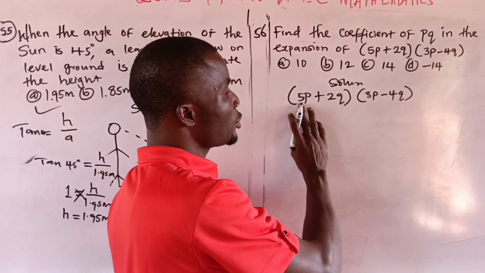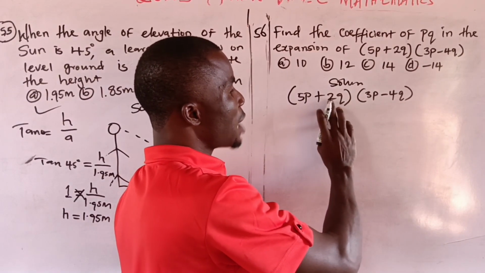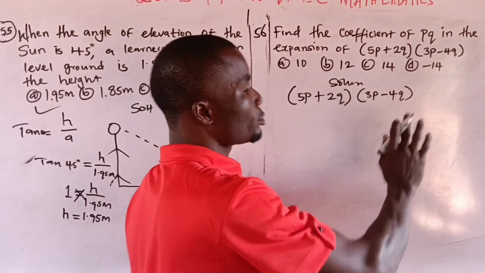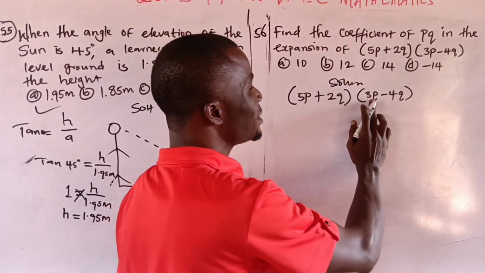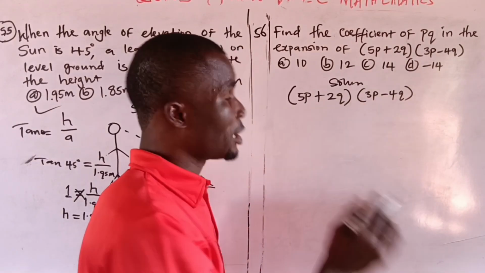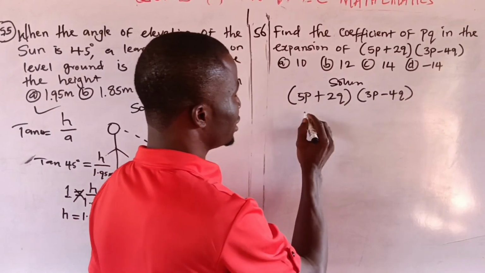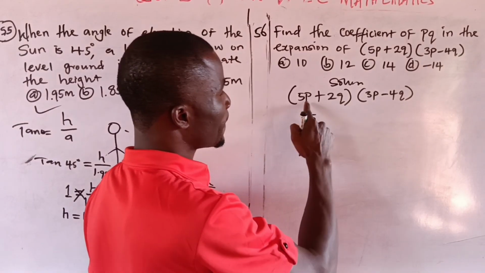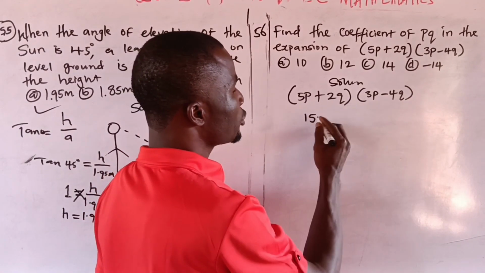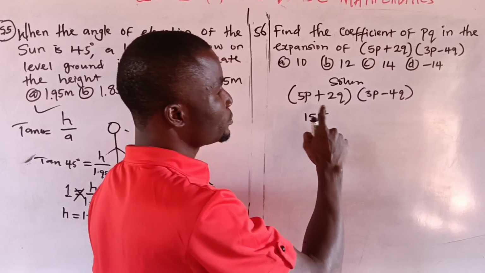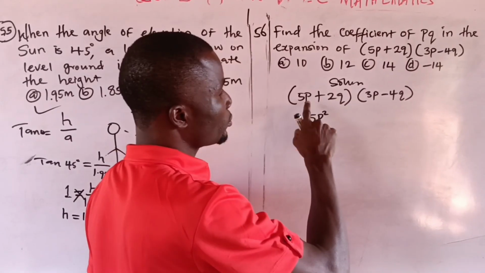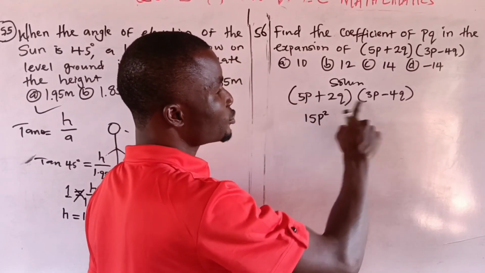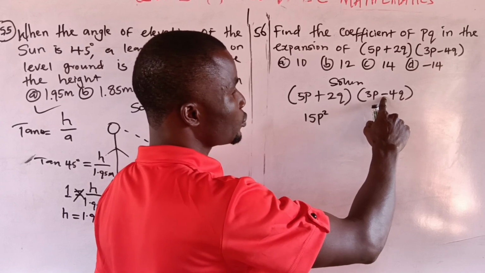We start with this. We use 5p and 2q to open this bracket. So 5p times 3p. Let's do it gradually. 5 times 3 will give us 15. p times p will give us p squared. Right? So, plus times minus, we are done with this.